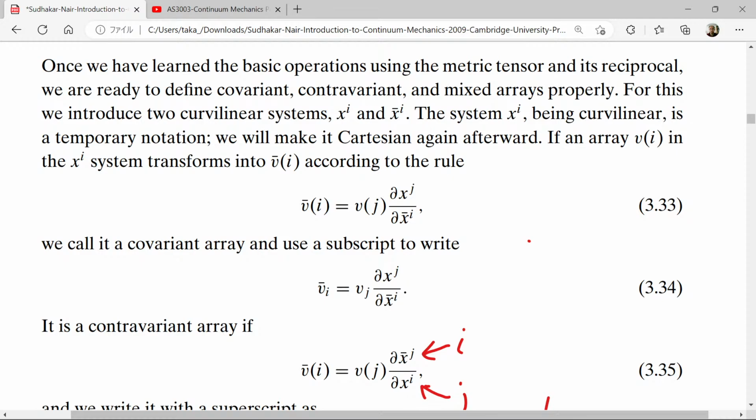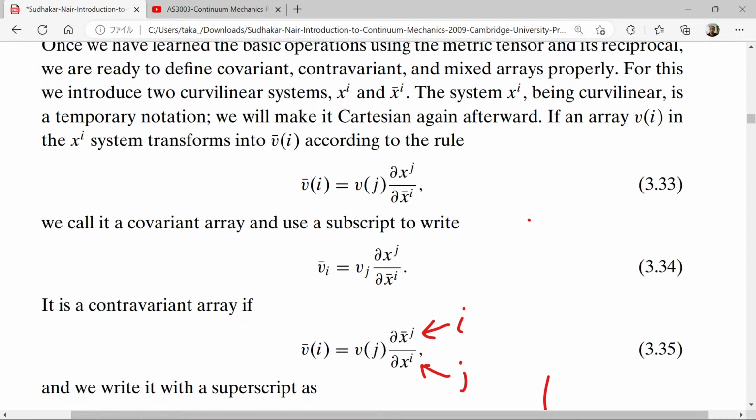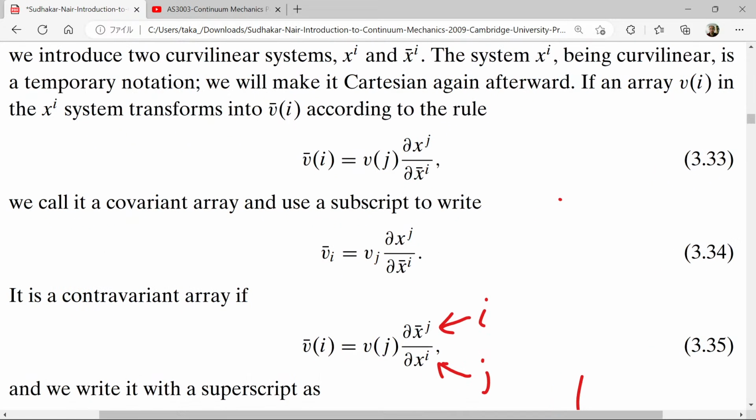The system xi, being curvilinear, is a temporary notation. We will make it Cartesian again afterward. If an array vi in the xi system transforms into v bar i according to the rule. Okay.